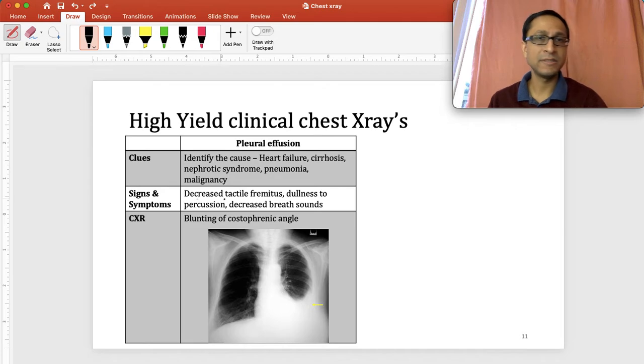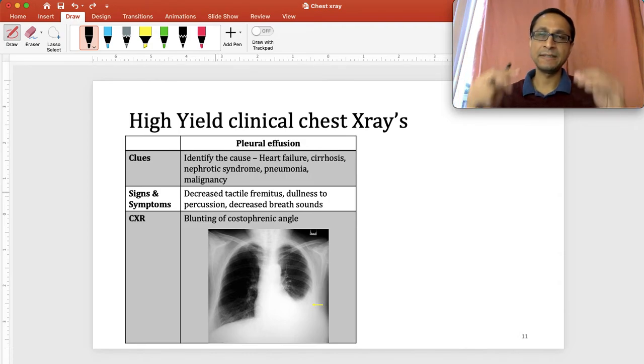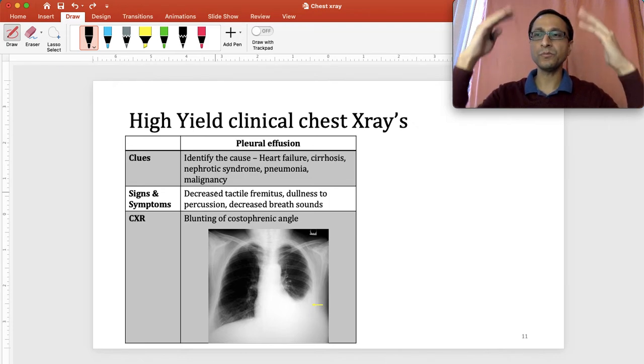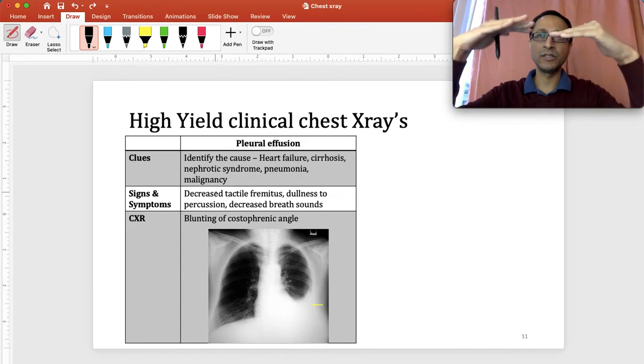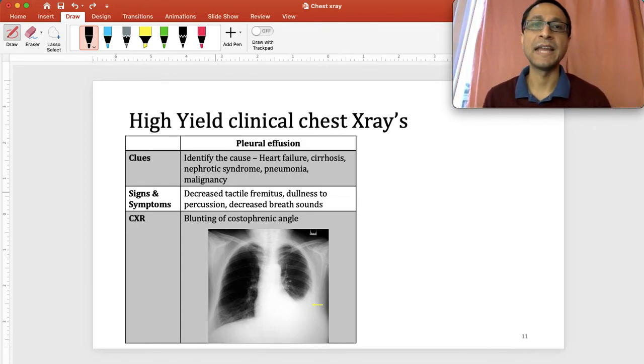Some signs and symptoms of pleural effusion, very important, especially on a physical exam. So decreased tactile fremitus. You guys remember back from basic sciences in the physical exam class, you were asked to place hands on the patient's posterior chest, either this way or sometimes just this way, and then having them say 99, right?